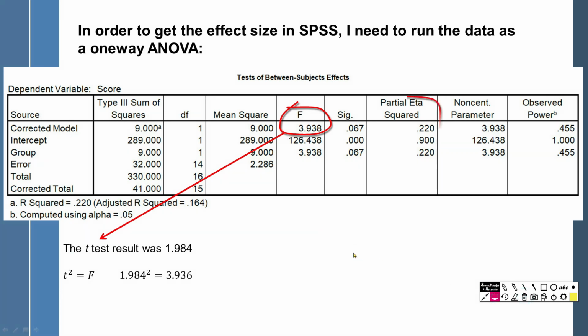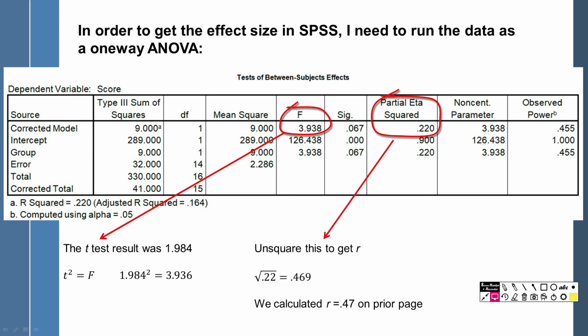And then the next thing we have is partial eta squared. And eta squared is an effect size. In the two-group situation, what you would do is just take that partial eta squared and take the square root of it. Take the root, and that gives you 0.469, and on the previous page we calculated 0.47 equals r. R equals 0.47.